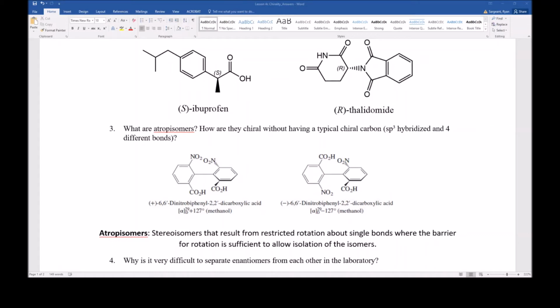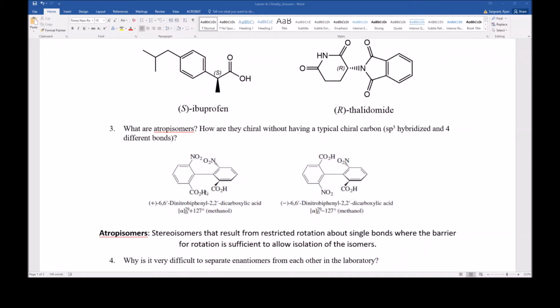And the reason that these are hard to classify under normal stereoisomers is that while they are three-dimensionally different, the reason that they're three-dimensionally different is because the molecule, the normal single bond, can't undergo a typical rotation. So these right here represent two benzene rings. And these benzene rings are decorated with a fairly sterically bulky nitro group and also these carboxylic acid groups.